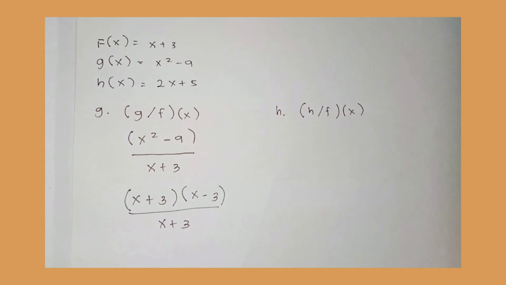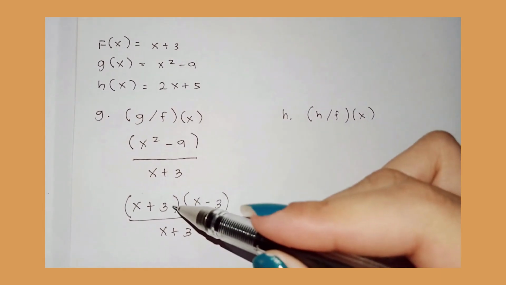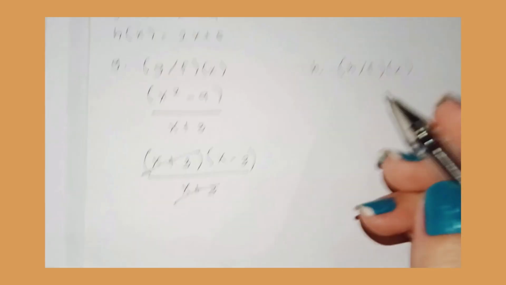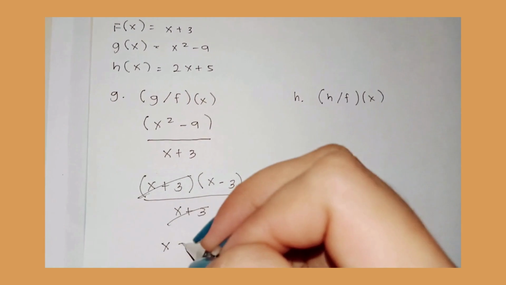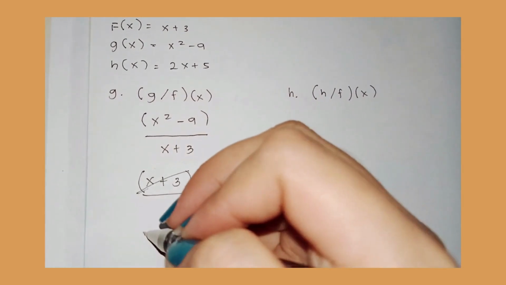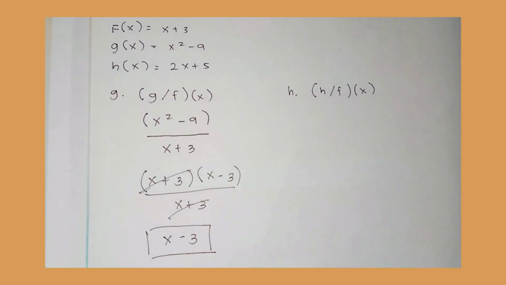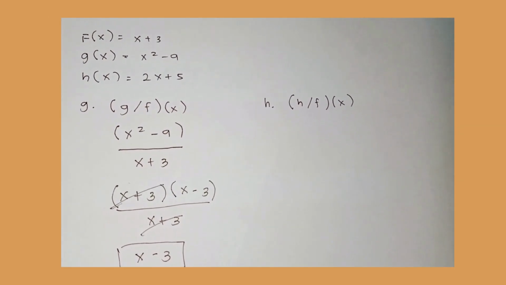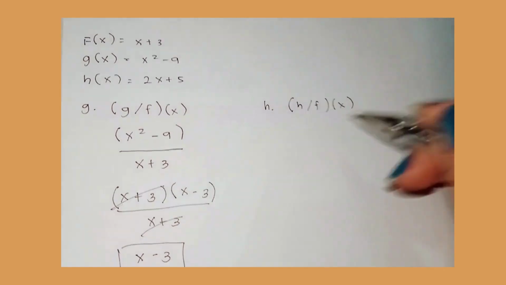Ngayon, merong silang magkapareho yung numerator natin sa denominator. So, we can cancel them. Yung matitira na lang is x minus 3. That will be the final answer. Let's have another example is h divided by f of x. Ano ba yung h natin?